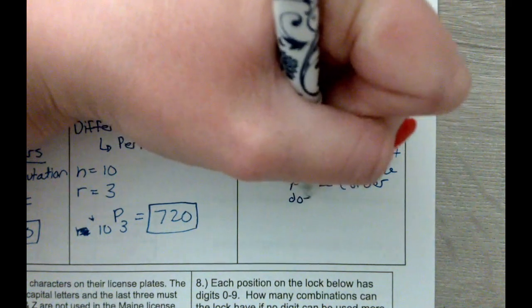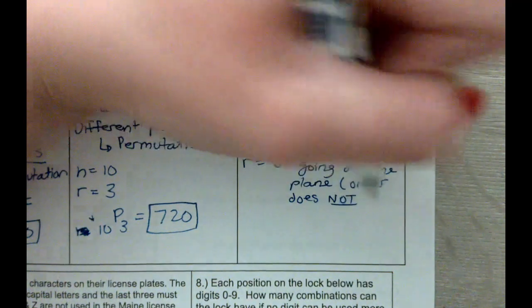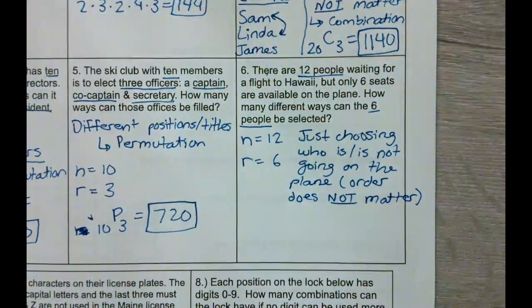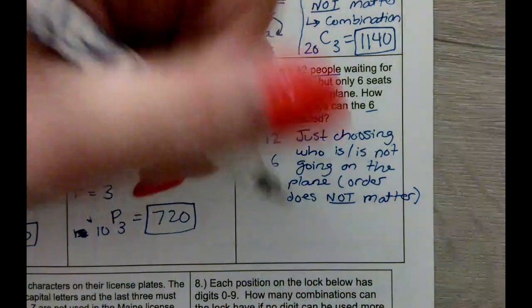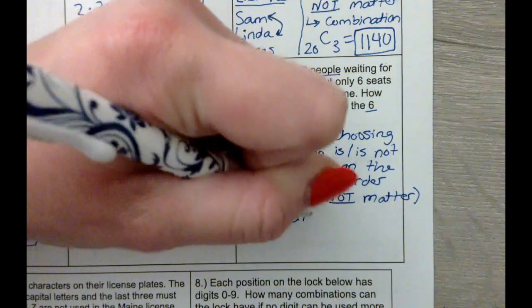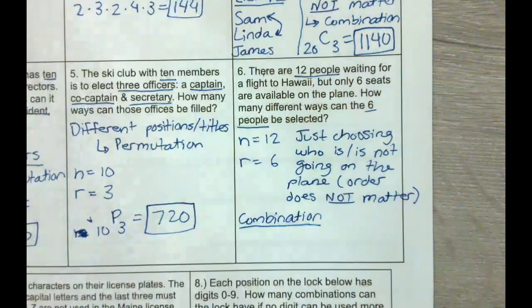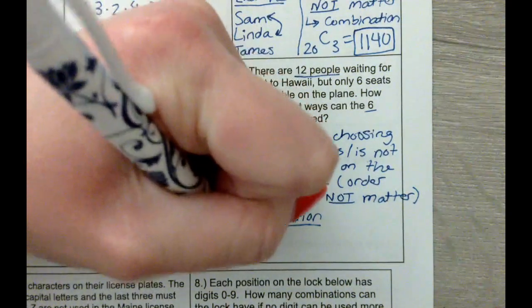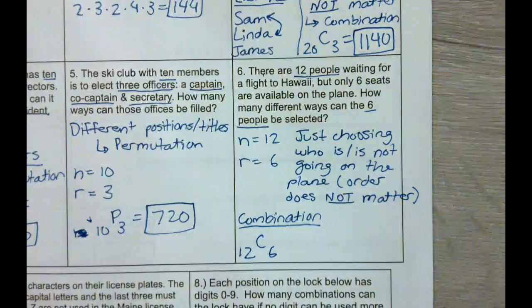Order does not matter. So, this is a combination. So that means we have 12 choose 6.